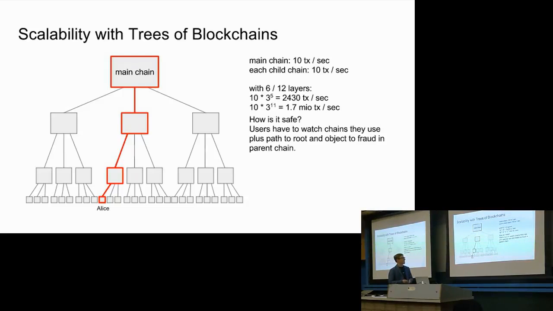Of course, you don't always have to watch yourself, you can also ask others to watch for you. For example, Bob has tokens in these two subchains, and he has to watch these chains. And here we already see, the closer the chain is to the main chain, the more likely it is that others are also watching that chain. So this in turn means the closer you are to the root chain, the safer it should be, because more people are watching.